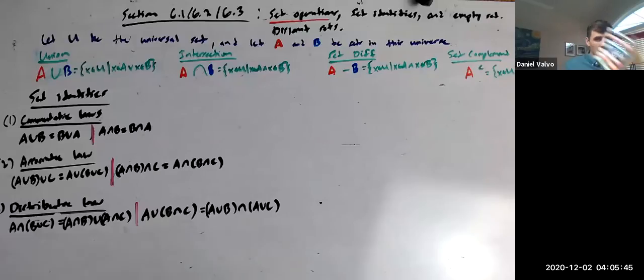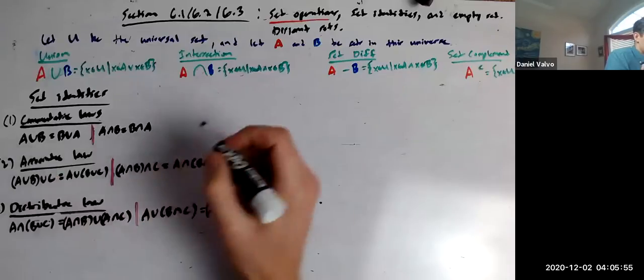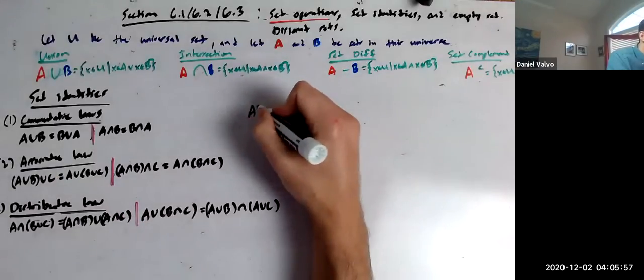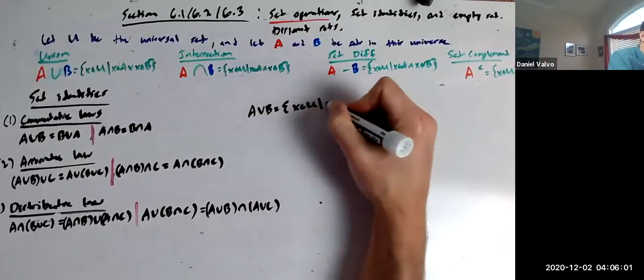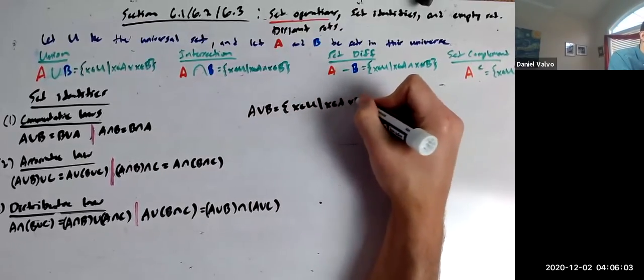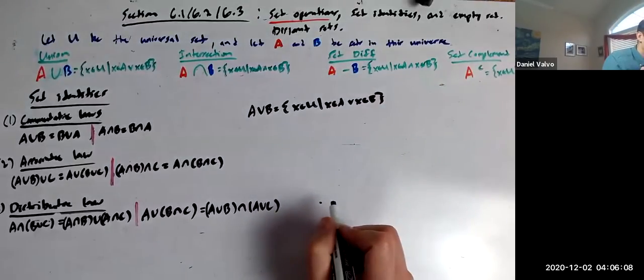Because underneath the hood, if we look at this right here, for example, let's do a really easy one. Underneath the hood, A union B is all x in a universal set such that x is in A or x is in B, right?